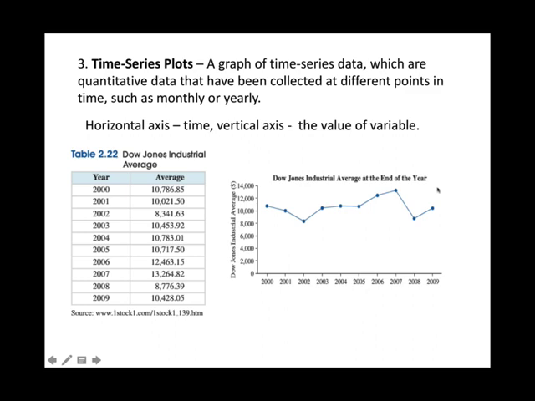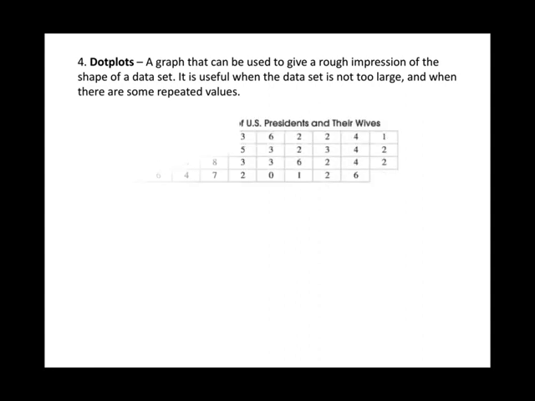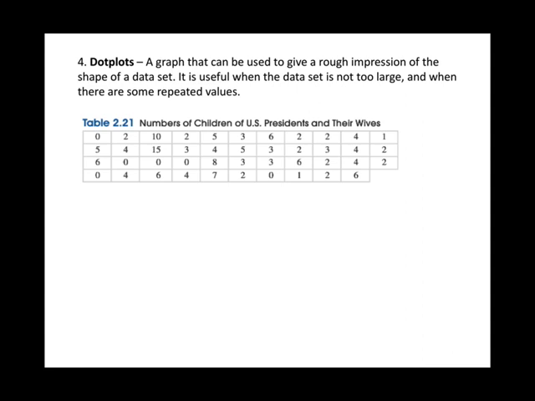Okay, dot plots. A graph that can be used to give a rough impression of the shape of the data. It is useful when the data is not too large and when there are some repeated values. For example, numbers of children of United States presidents. So I use the data to construct the dot plot here.